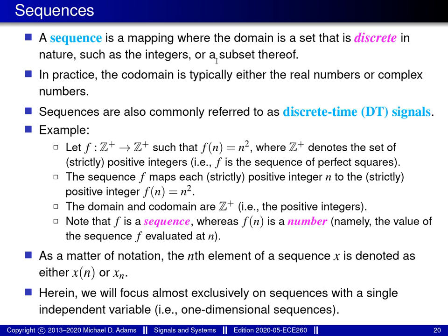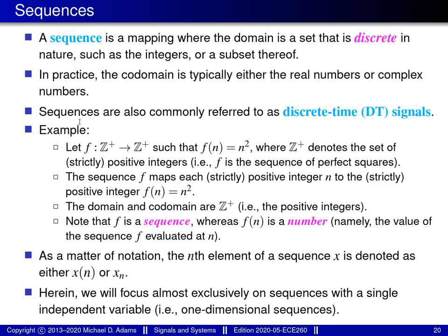And what makes the integers discrete is that, for example, an integer can take on the value 0, it can take on the value 1, but it importantly can't take on values over a continuum between 0 and 1. In other words, it can only take on certain prescribed values. In practice, the codomain for a sequence is typically either the real numbers or complex numbers, at least in the context of math relating to signals and systems. In other words, sequences are normally either real valued or complex valued.